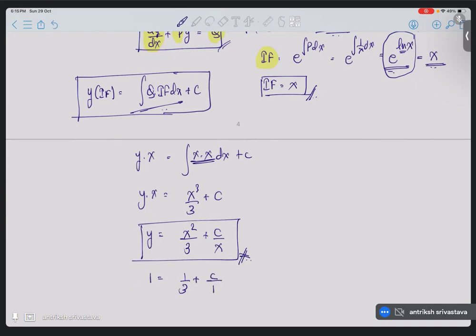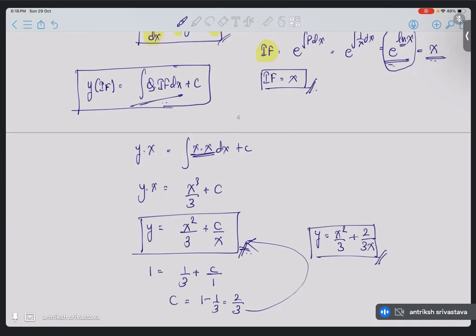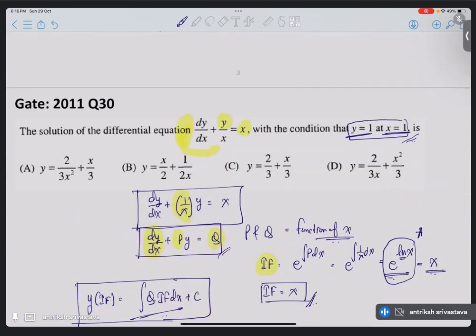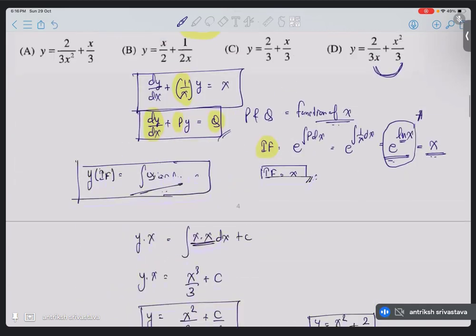So c is 1 minus 1 by 3, that is 2 by 3. Substituting this back into the equation, we get y equal to x square by 3 plus 2 by 3x. Let's see if we have this in the options. We have a slightly differently arranged option, but we have x square by 3 plus 2 by 3x. So that is what we have here.